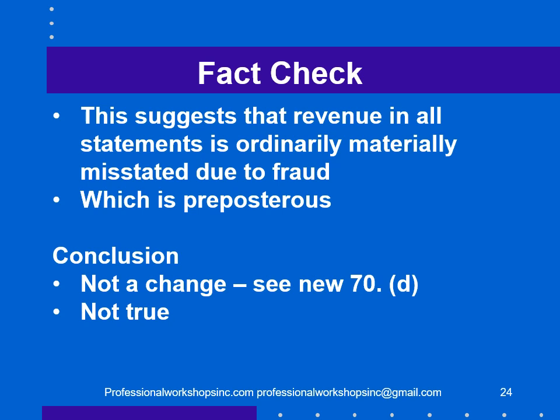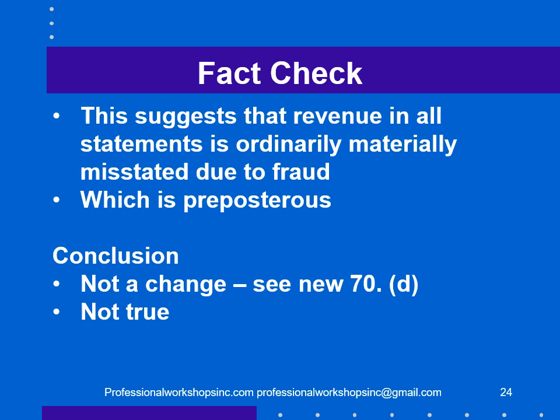It's saying that at every client and in every audit, management has deliberately materially misstated revenue to produce fraudulent financial reporting. And that is, of course, preposterous. It's a silly suggestion. Now, you could very clearly be confused by that and think that you had to do it. Now, it's only in the application material. It's not a requirement, so you can cheerfully ignore it, I suppose.